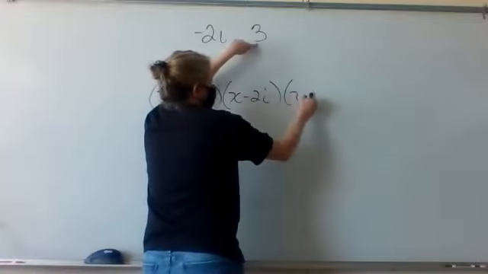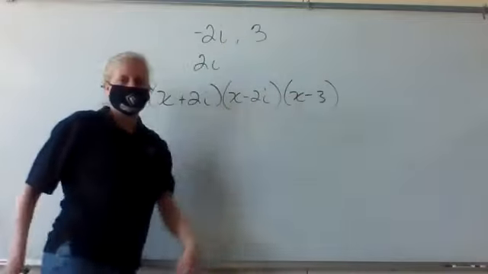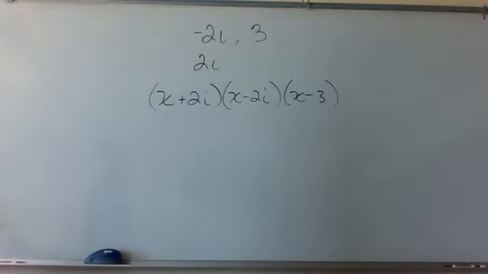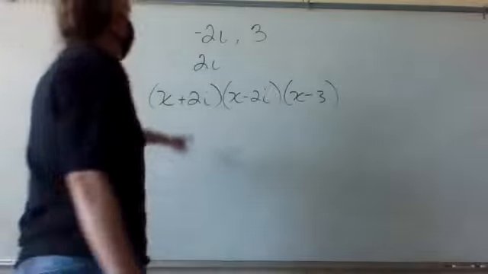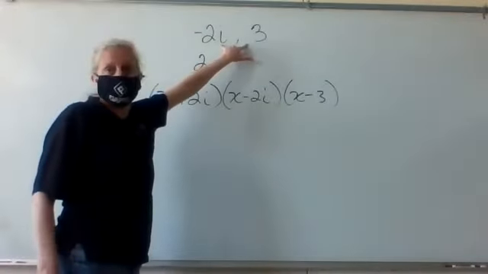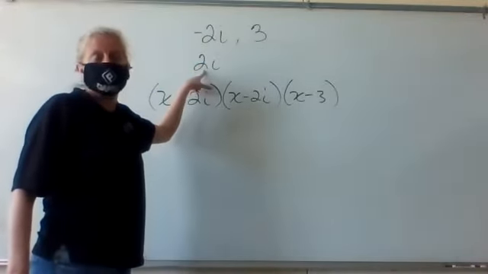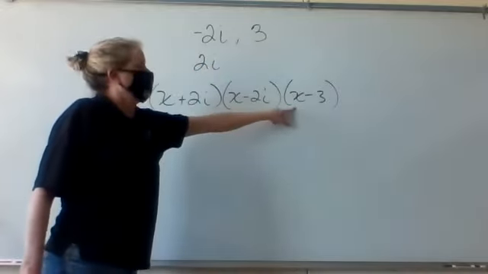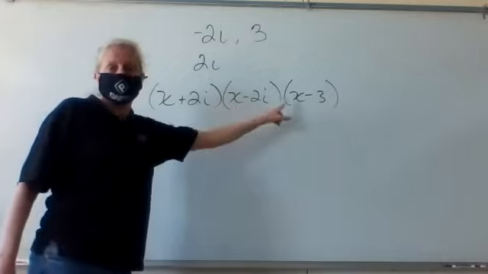And this one's would have been x minus 3. It tells me those were zeros, which means positive 2i is automatically a 0 also. So that's where the 3 factors are coming from.